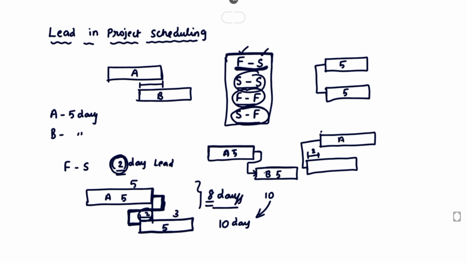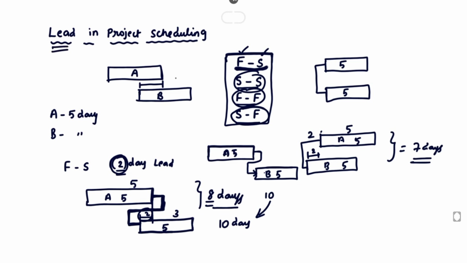This is A and this one is B. This is 5 days, and this is also 5 days. So here is 2 days, then here is 5 days. Totally the project duration is 7 days. So the completion of the project will be 7 days. So this is the lead in project scheduling.